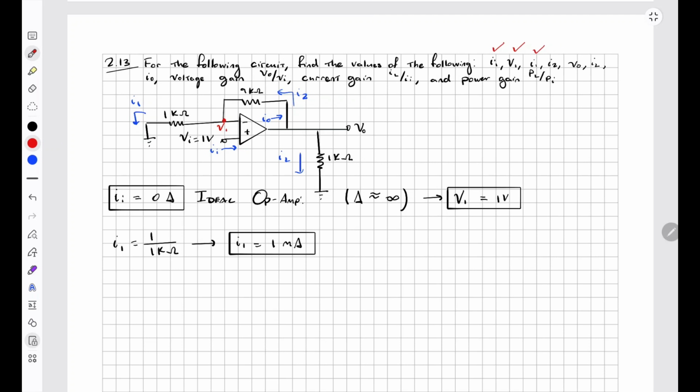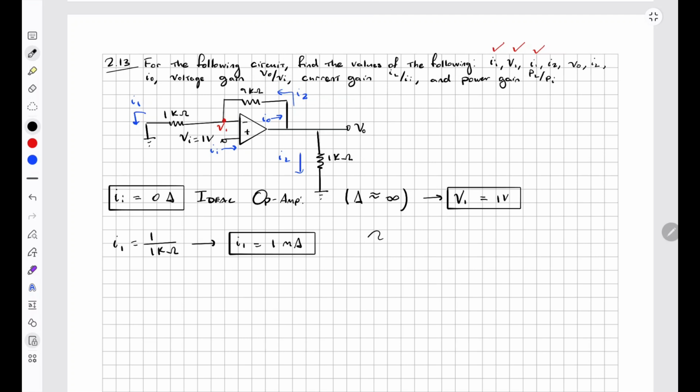So it looks like we're just going in order now, so I'm guessing the next one to solve is I2. As we can see here, in an ideal op-amp, no current should enter the op-amp. So this I2 through here has to continue through the second part of the branch.